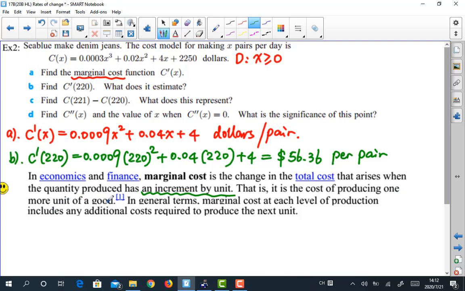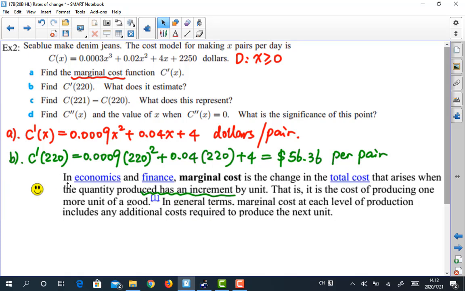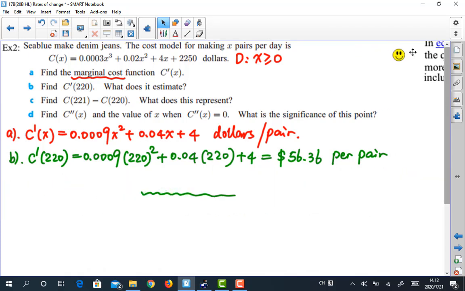So what is the marginal cost? The marginal cost is the cost of producing one more unit of this product. In general terms, marginal cost at each level of production includes any additional costs required to produce the next unit. The marginal cost is how much does it cost to produce one more pair of the jeans.